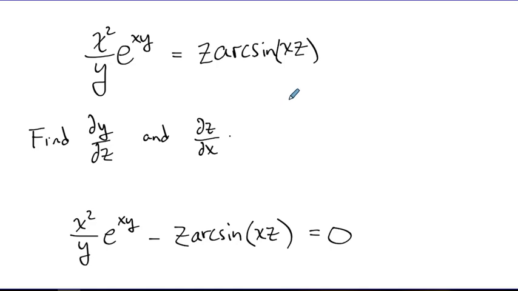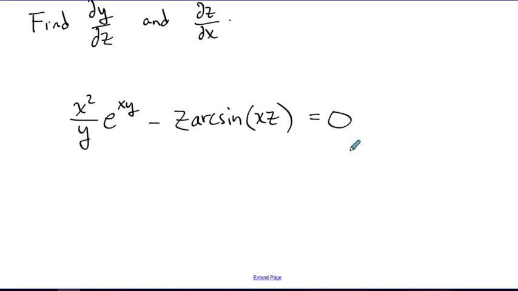Right? So that's why we need this method, and why this is so useful, is to be able to find rates of change without trying to solve for any particular variable. Right? I can still find the rate of change of y with respect to z, or z with respect to x, or x with respect to y, or anything, without trying to do the algebra of solving for any one of those variables. So it's really convenient.